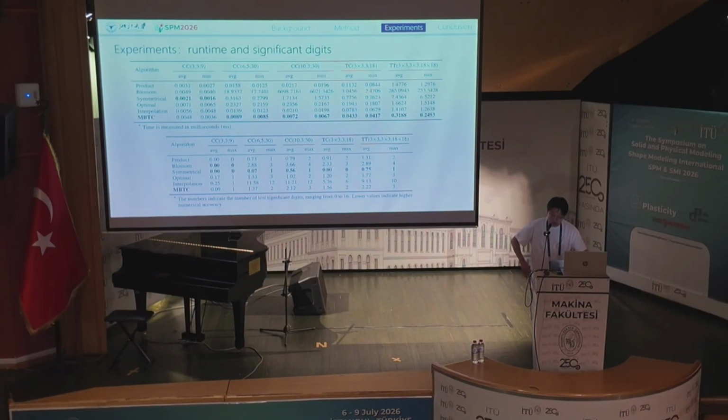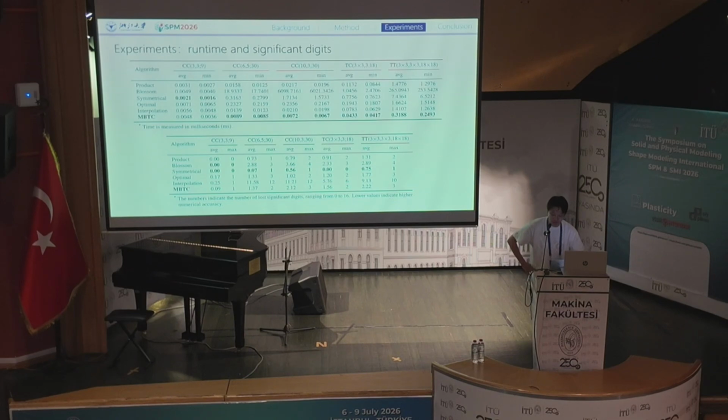The numbers in the brackets mean the degree of the inner function, outer function, and the composed result. Looking first at efficiency. For basic cubic Bézier curves, all methods have similar runtimes. However, as degrees and the complexity of form increase, MBTC shows a growing efficiency advantage.